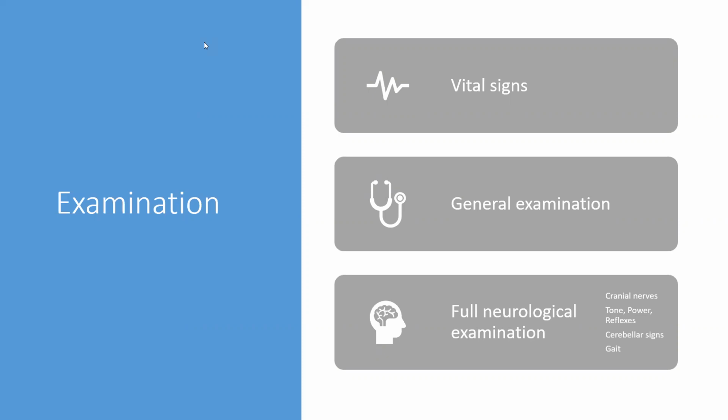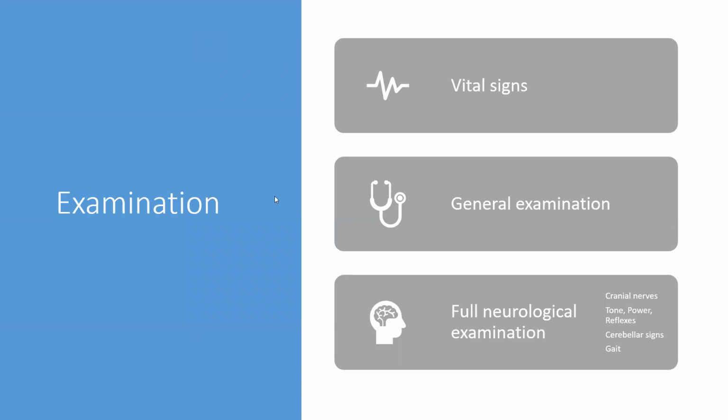So skin is a part of the general examination: head and neck palpation, localized examination of the head and neck, ENT, and skin. And then you need a full neurological examination, which includes cranial nerves, tone, power, reflexes, cerebellar signs, and also gait, because it could be unsteady.